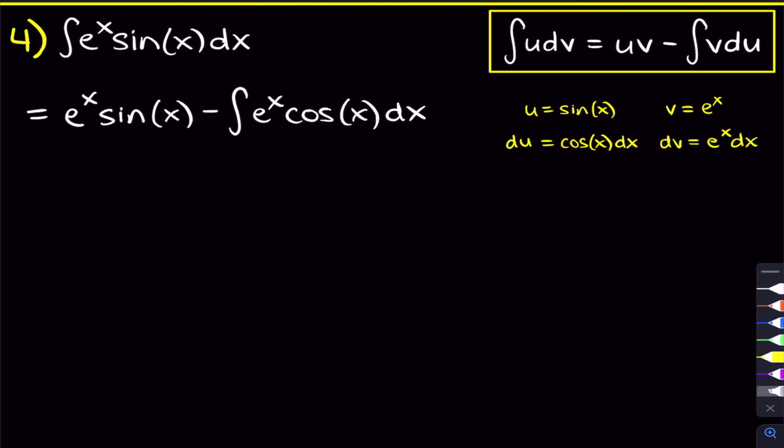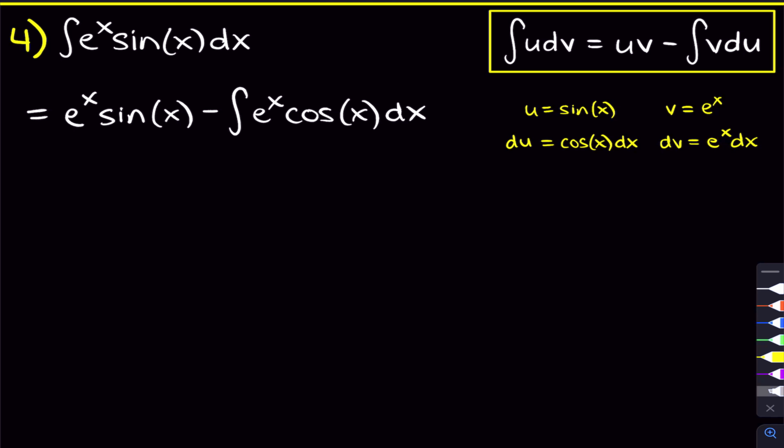So now what do we do? Because this integral isn't any simpler than what we started with. We still have the integral of an exponential times a trig function. Well, all we have to do here is integrate by parts one more time. And we're going to make our u cosine of x. We're still going to make our u that trig function. And our dv will again be e to the x dx.